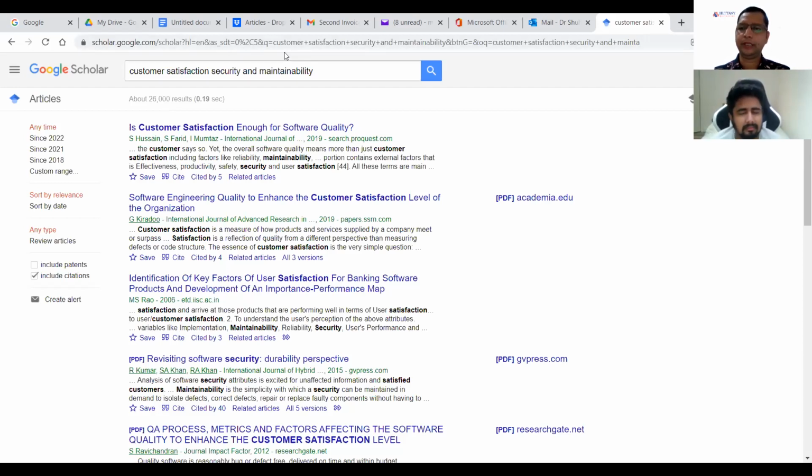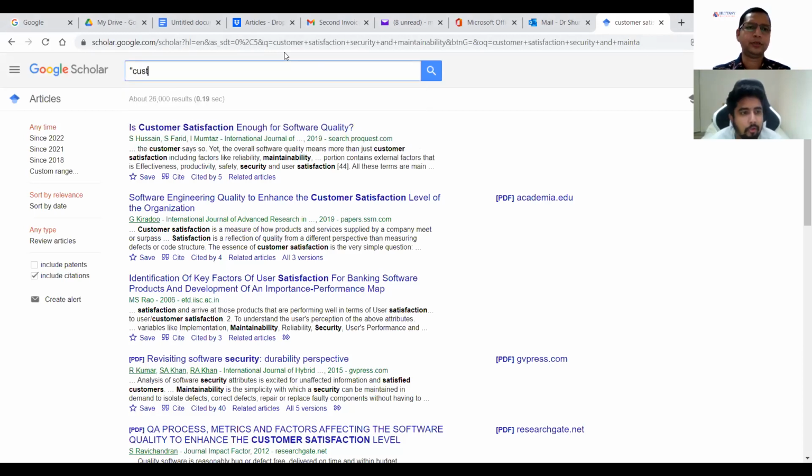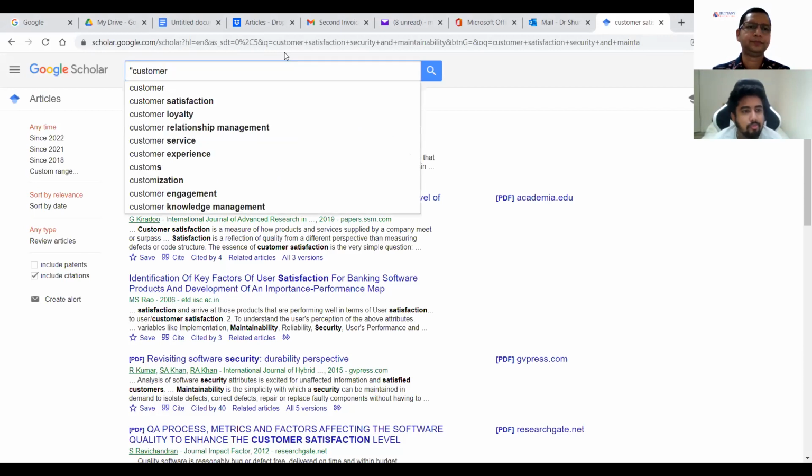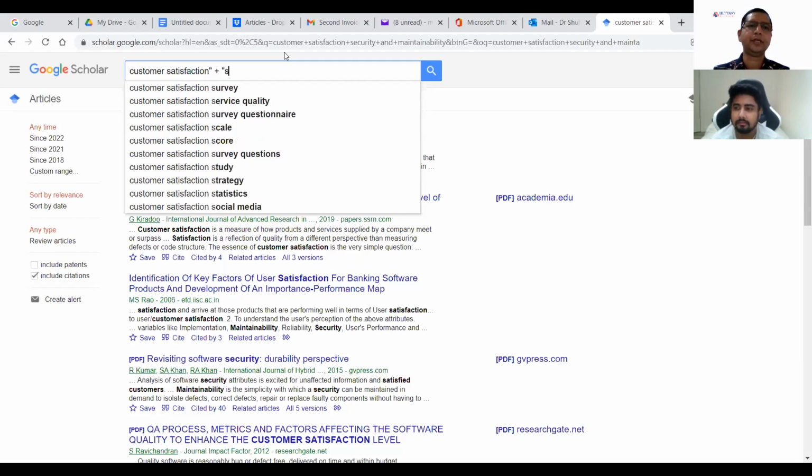Look into this. This is one of the techniques I teach you for searching the appropriate literature. You put inverted commas, you put customer satisfaction, you close it. Then you put a plus sign, and another term, maintenance. Security and maintenance, yeah.